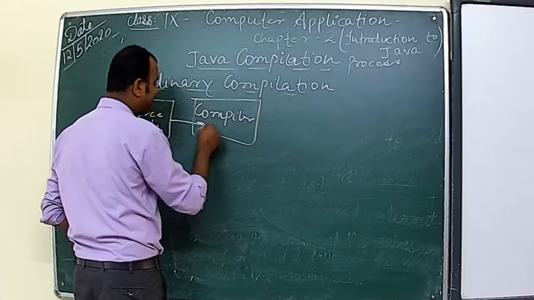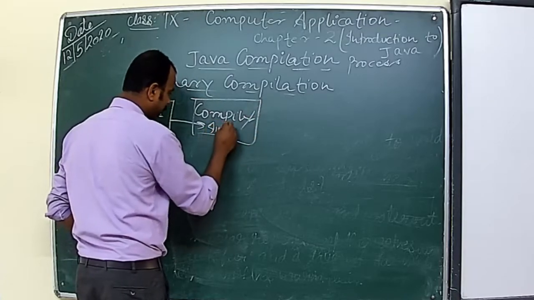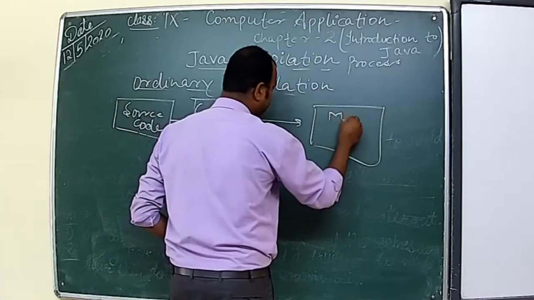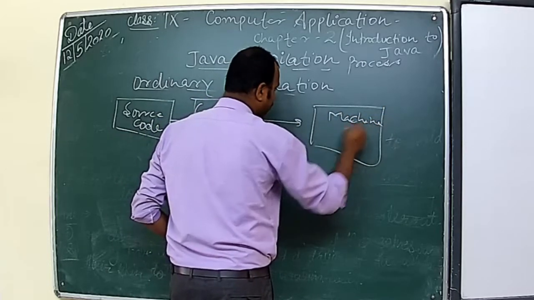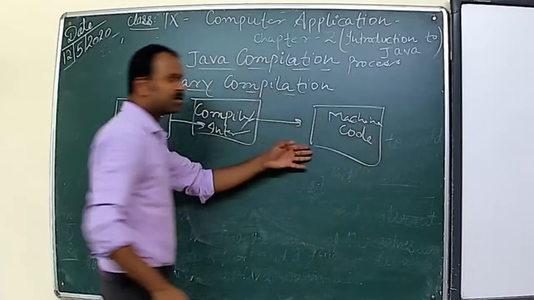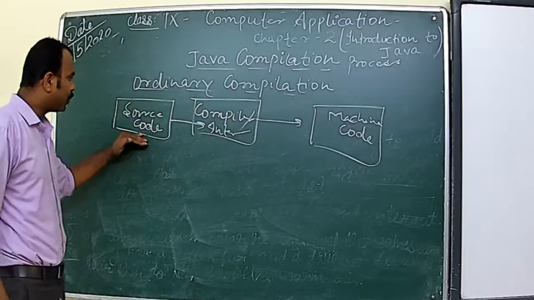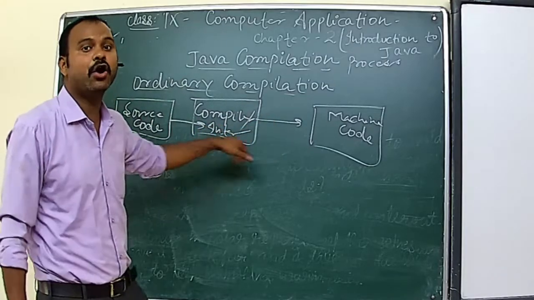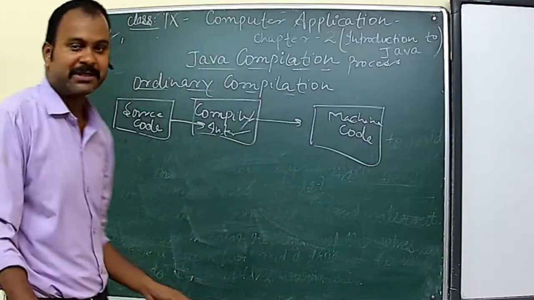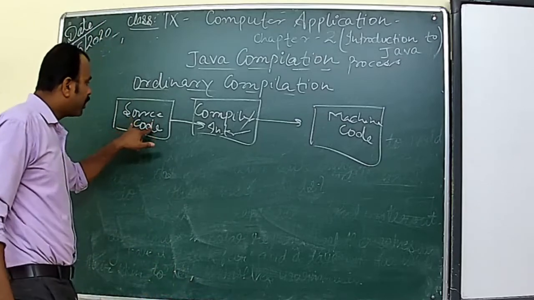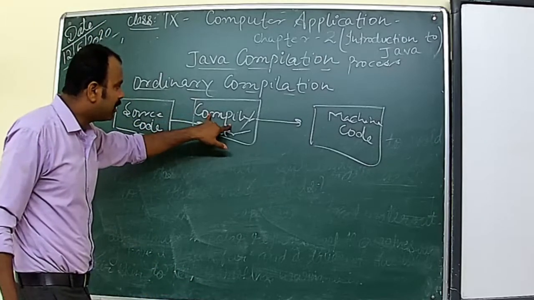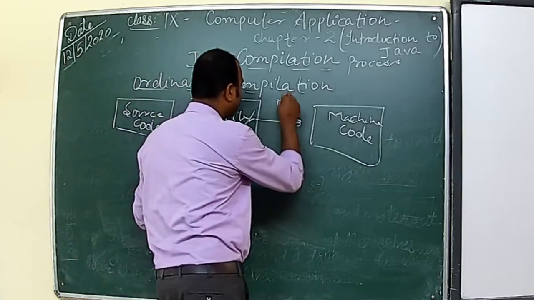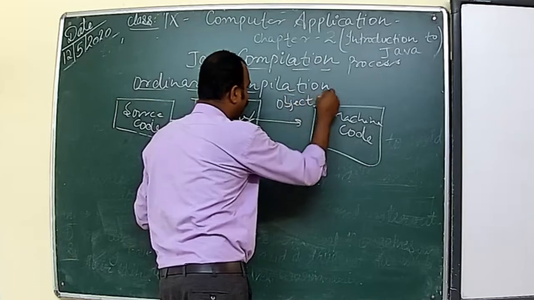It is then converted into machine code. So source code is converted into machine code by a compiler or interpreter in the ordinary compilation process. The compiler converts this source code into what is called object code.